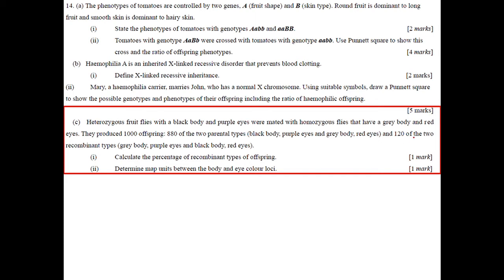So 120 of the two. Ya. So untuk recombinant types kita ada 120 all together. Okay. So terus cari macam ni. So you have 120.